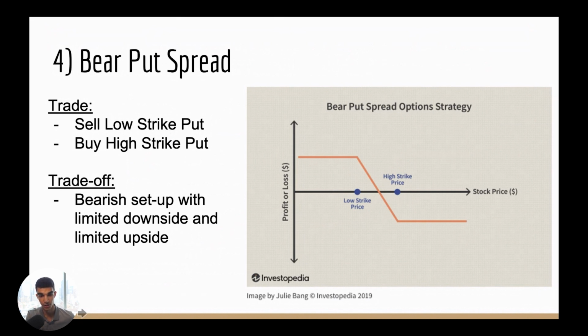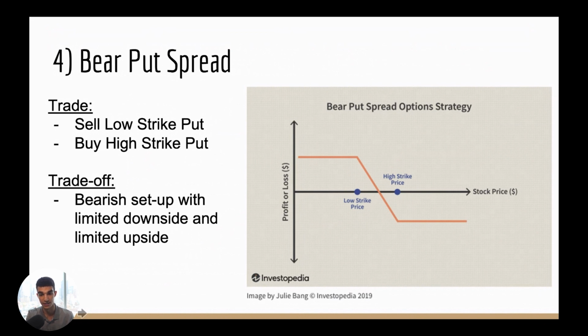So since you are selling a low strike put option, anything below this strike, you will have to pay money to the buyer. So you'll be losing money in this place. And everything below this strike here, you will be making money because you bought the strike. So that's the bought put option at the high strike.